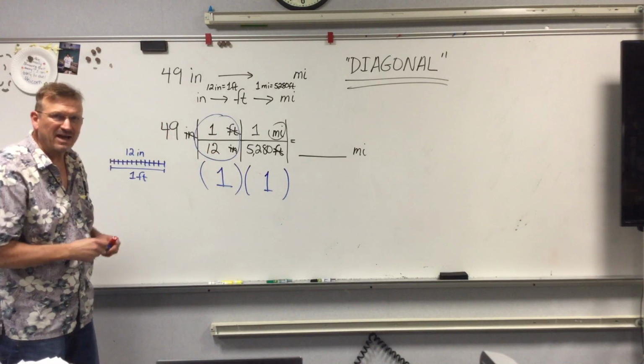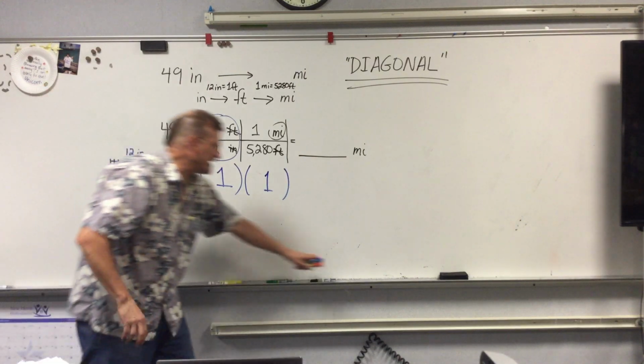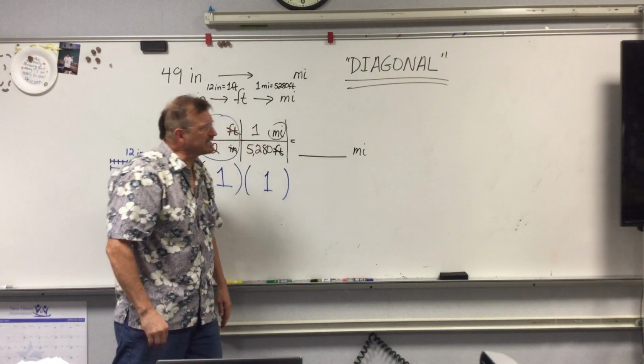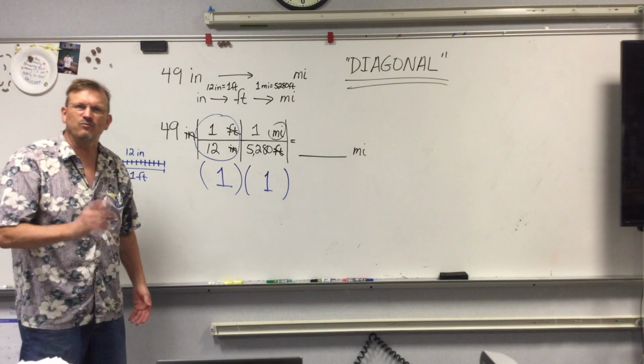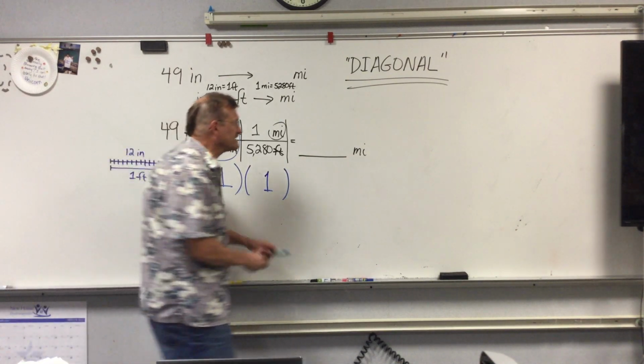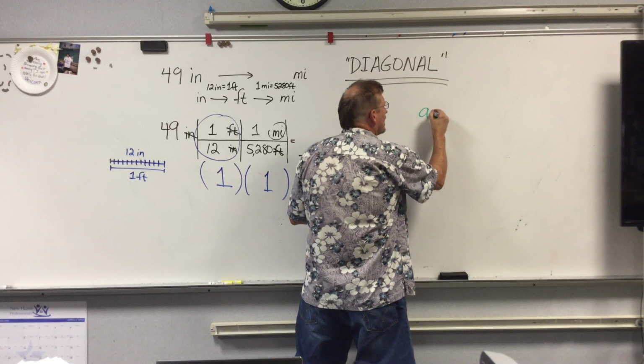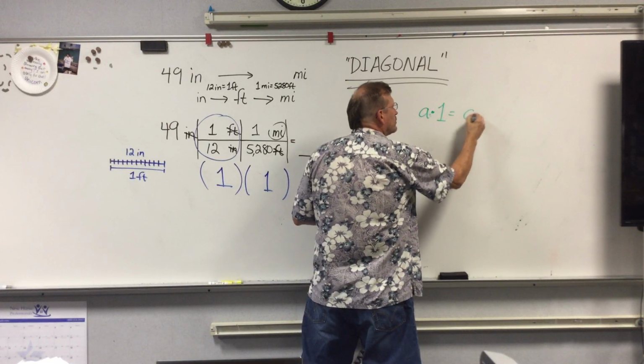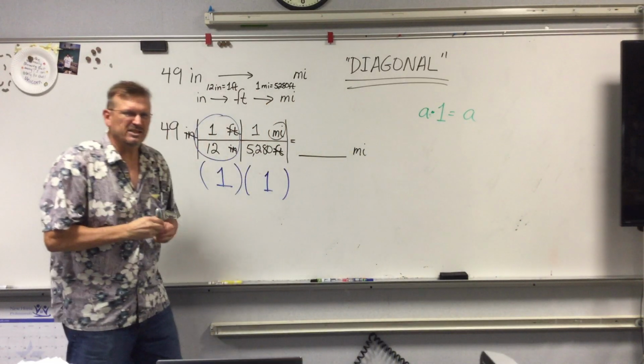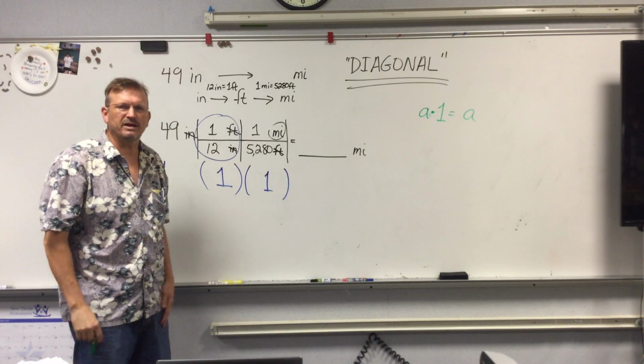And in math, you learn the multiplicative identity property of 1, which basically says A times 1 equals A. And when someone goes, how many times can you multiply it by 1?